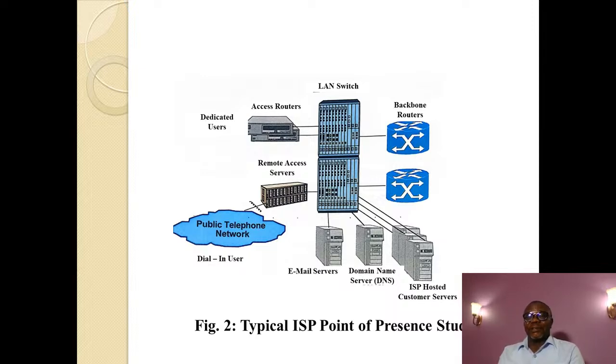So don't think that because you use a password to protect your email, another person somewhere does not have access to those mails. They do. The person that owns that ISP hosted customer server can have access to your mails. So, of course, you have the backbone routers. Note that sign in blue. That is the circuit sign for routers.